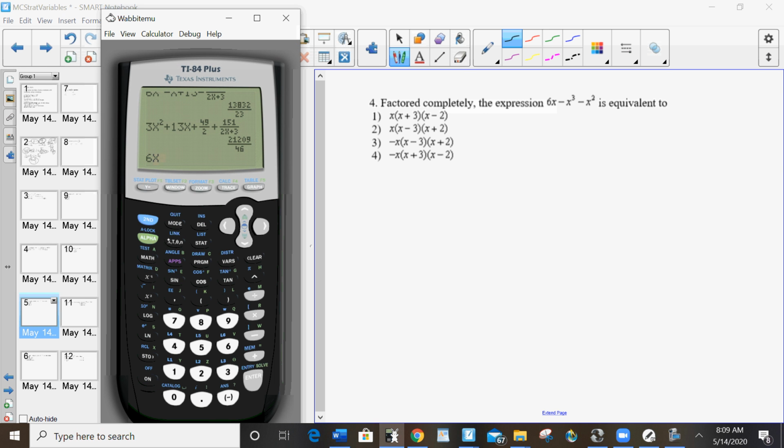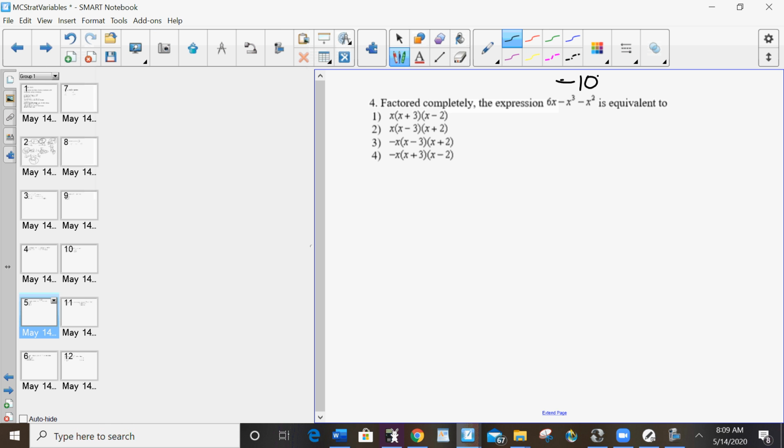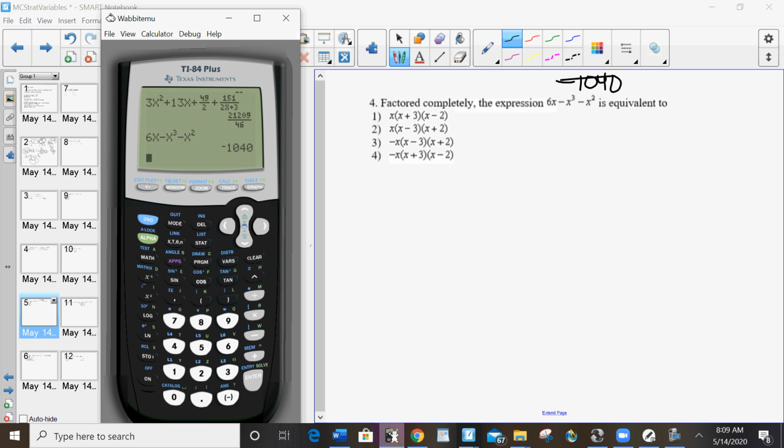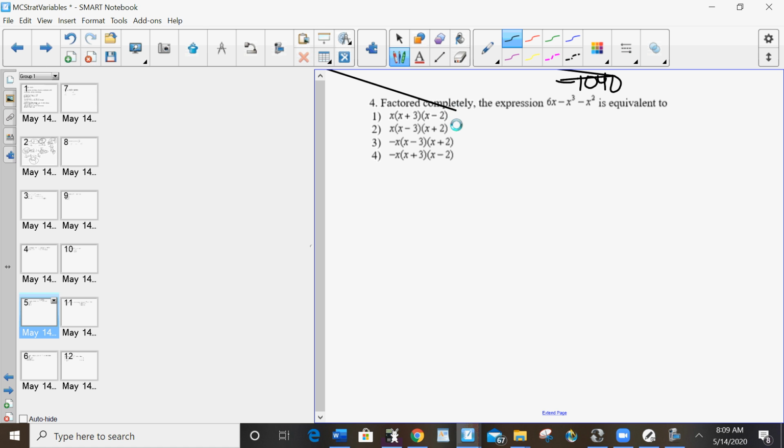I'm typing in the original problem, 6x minus x cubed minus x squared minus 1040. Now I'm going through each choice. Choice 1, x plus 3, x minus 2. I get positive 1040.